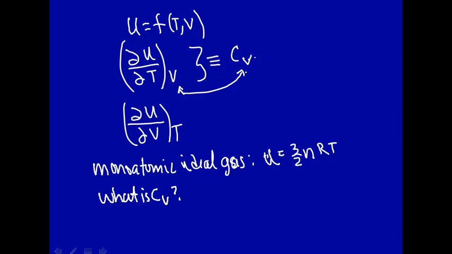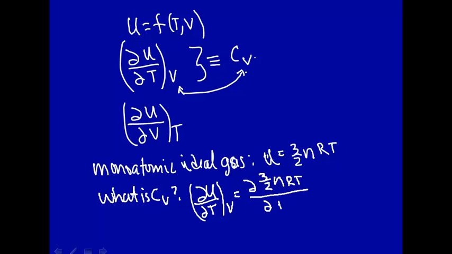Well, heat capacity at constant volume is the derivative of U with respect to T holding V constant. So the derivative of U with respect to T holding V constant is a derivative of 3/2 nRT. I should really be talking about partial derivatives. Partial means it's not a total derivative, but it's partial with respect to just one variable, with respect to temperature at constant volume.